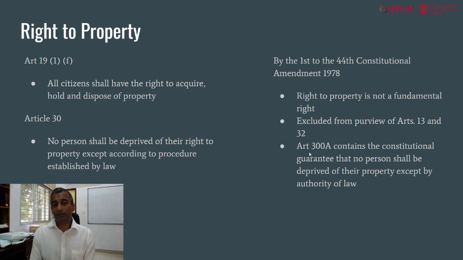However, these strong constitutional protections of the property right ran into constitutional litigation almost from the get-go, from 1950. And the reason for this litigation is rather complicated. But if we take for a moment that the Constitution had adopted strong social and economic transformative goals and had directed Parliament and executive government to secure these goals, Parliament then started enacting a range of land acquisition laws and tenancy reform laws.